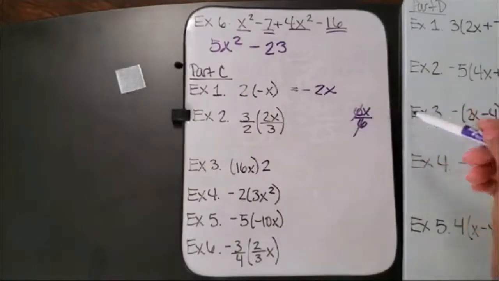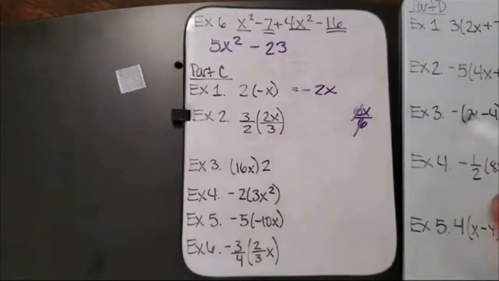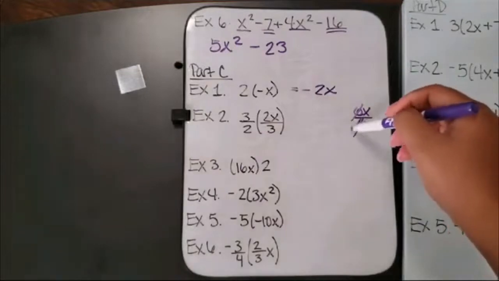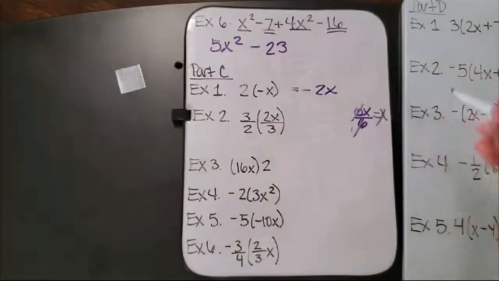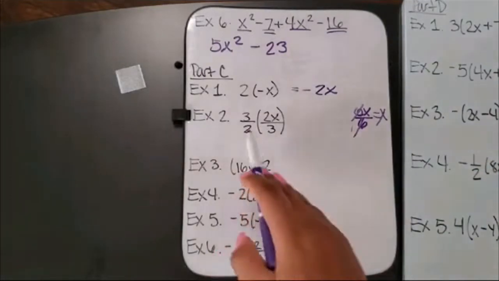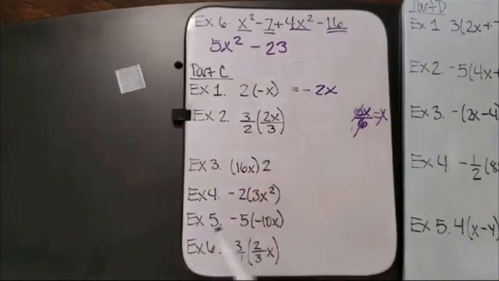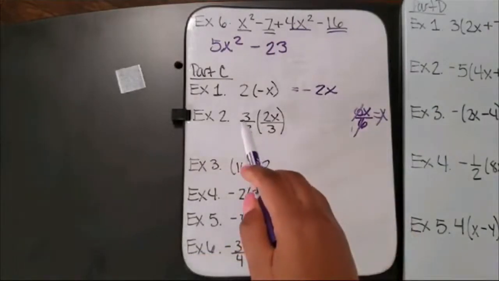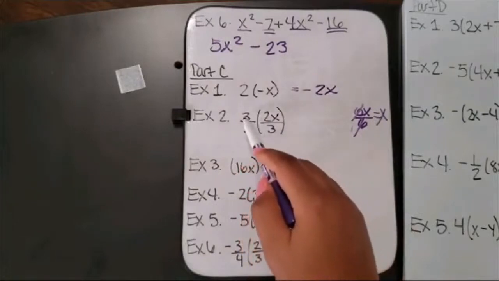Remember, if we take something and divide it by itself, we get 1. So the answer is just x, okay? Another thing that we can do is at this point, if we understand that we're going to be multiplying straight across, we can start crossing out at this point.